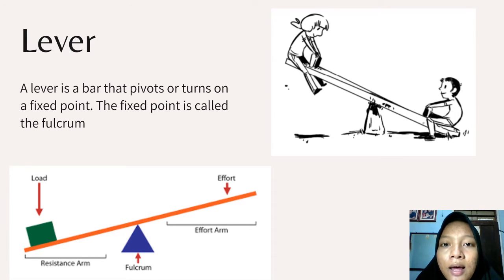For example, have you ever played a seesaw? The seesaw is a lever example. The support is in the middle, like in here, this is the fulcrum. So we jump to the next slide.